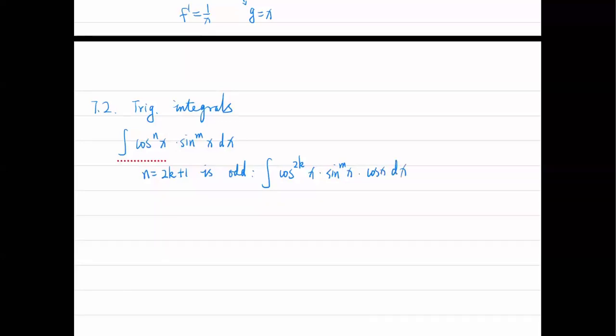If one of the powers is odd, we split this into 2k and 1. Then we use the substitution. So this will be our substitution.